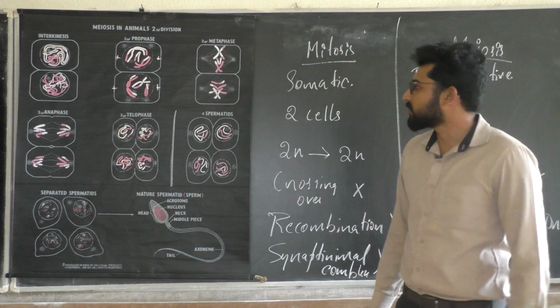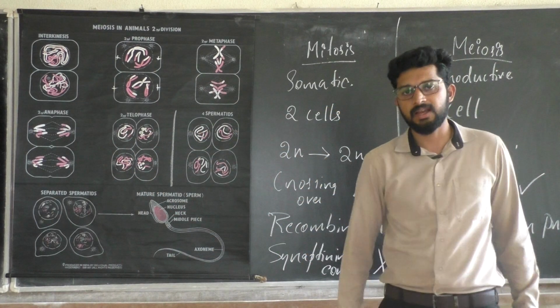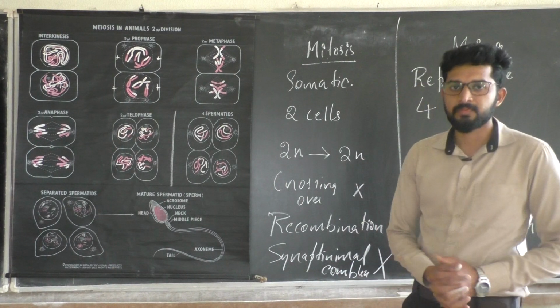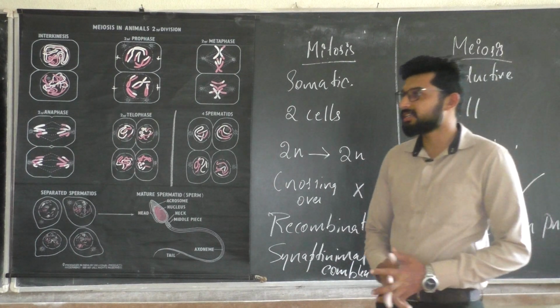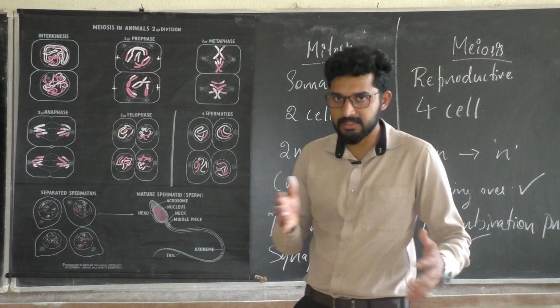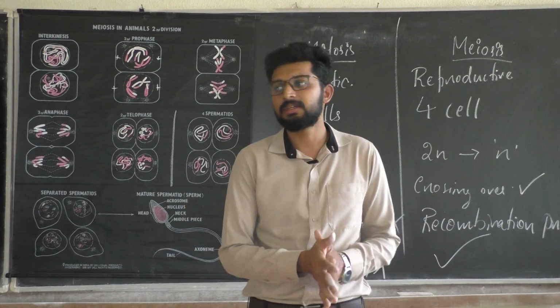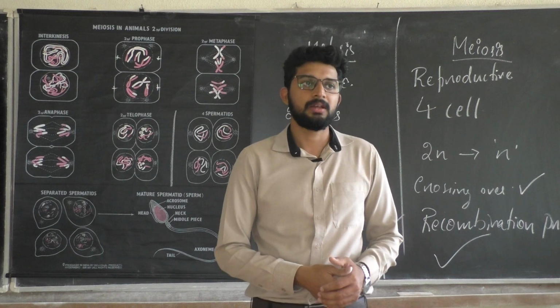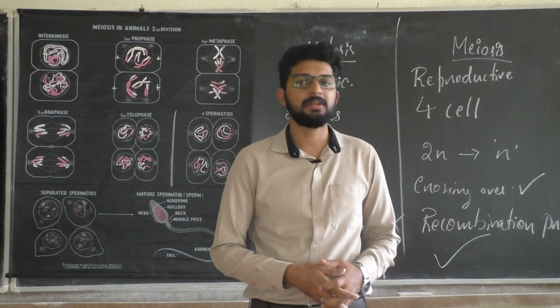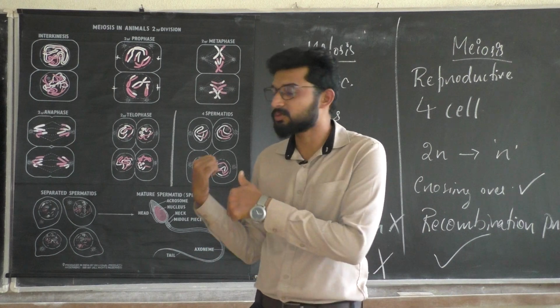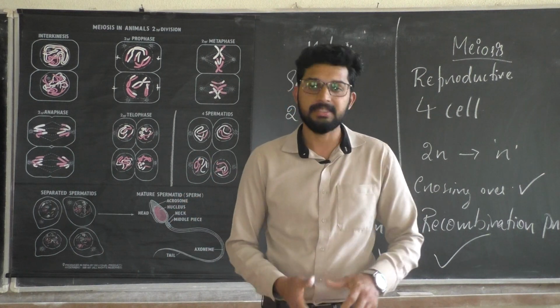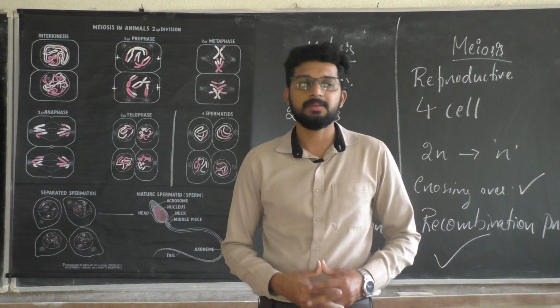I hope you have understood this class of meiosis 2. It is better to watch the classes of meiosis 1 and meiosis 2 together, as it will help you understand the concept more. This is the time to wind up the class.